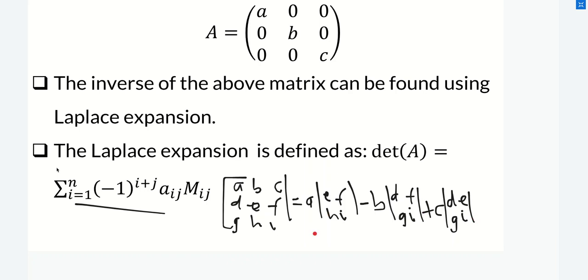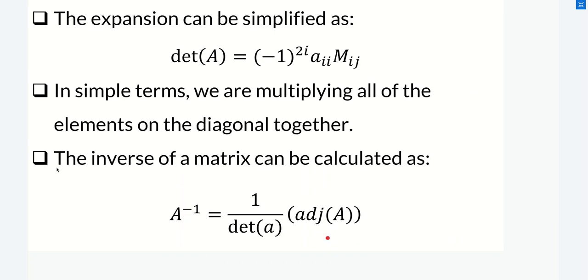Then if you want to find the inverse, you need to find the adjoint and other stuff. But if you can put the matrix in a diagonal, finding this is faster and quicker.